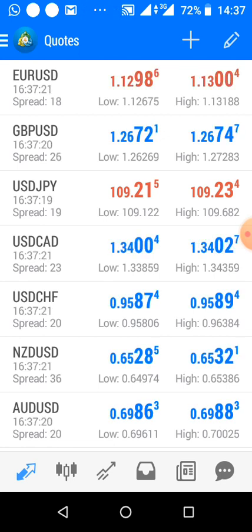I repeat, the figure that is quoted is the value of the counter currency per the base currency. What it means in simple terms is that the base currency is always 1.